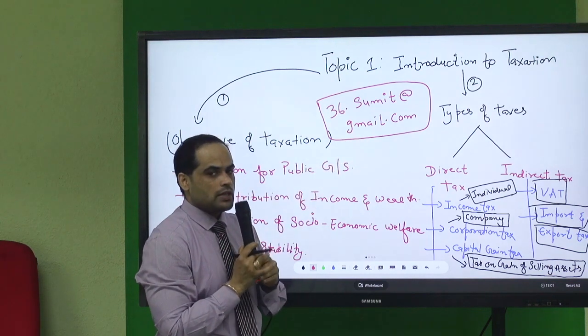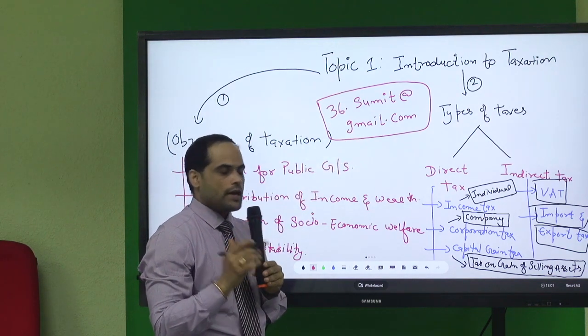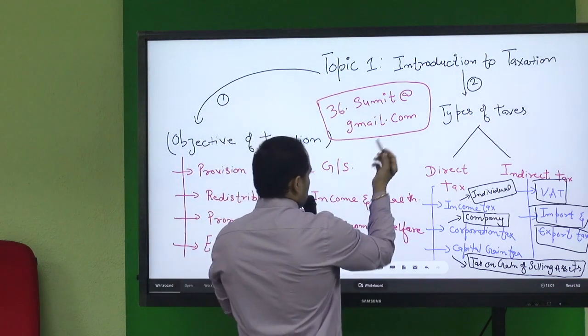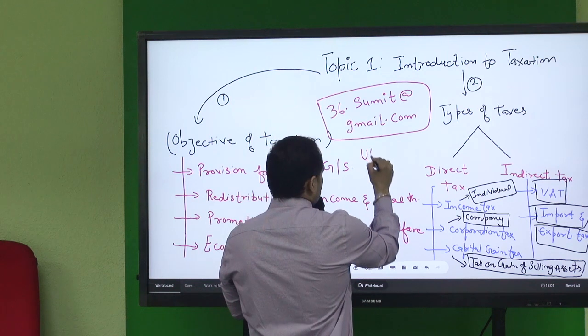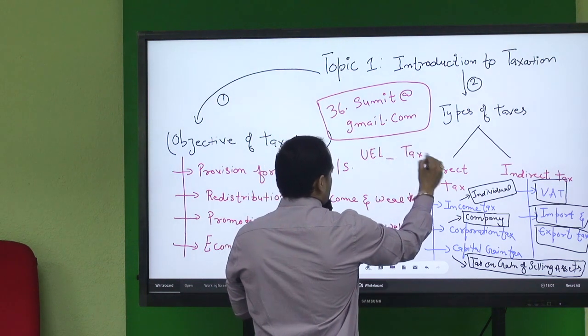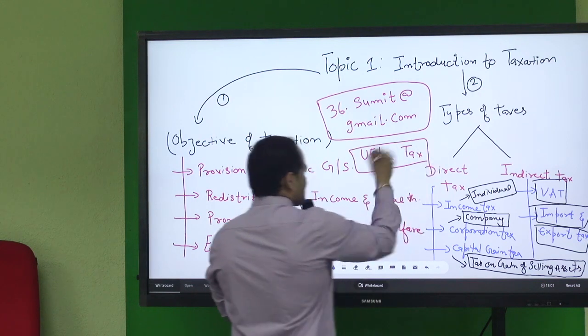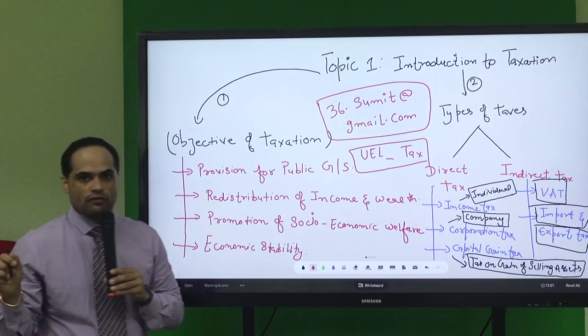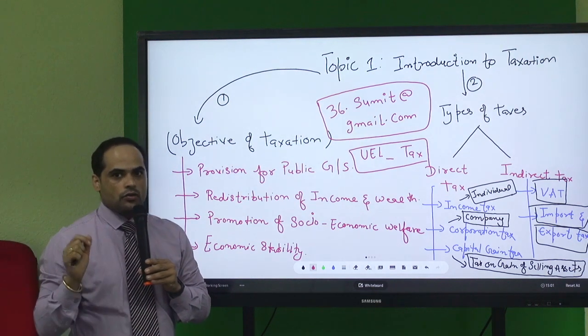Whenever you send me any email, please write in your email subject UEL_tax. Please write this subject title so I can understand which university you are from, and then you can write down your question.